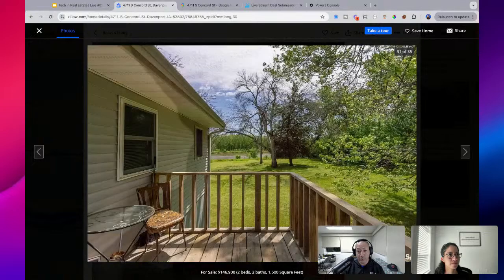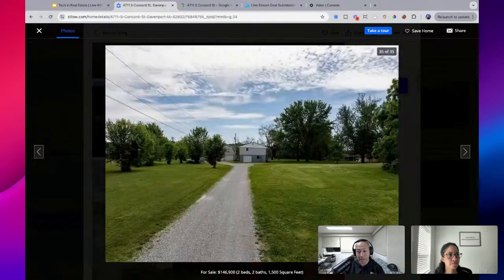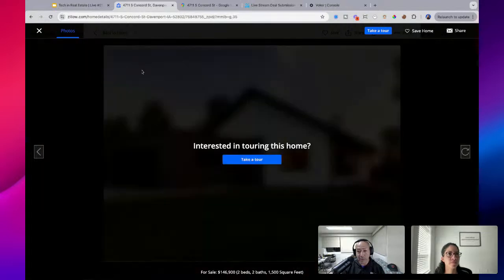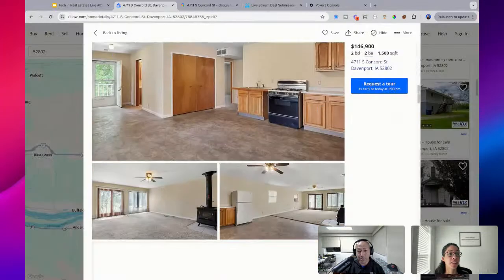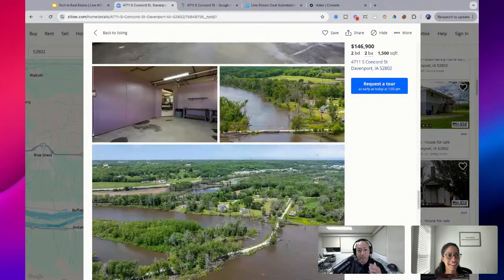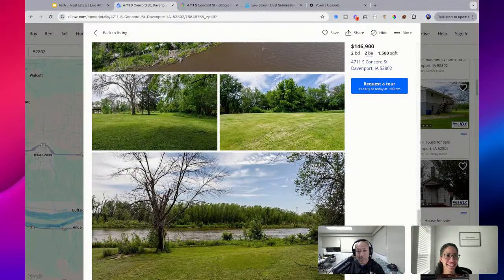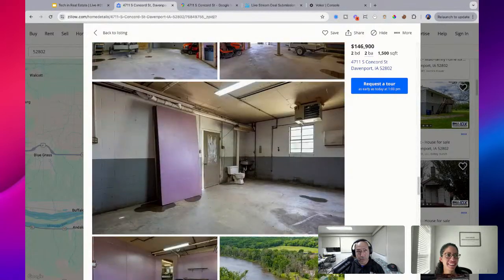And just from the photos, I'm going to be thinking about landscaping or yard service, and that seems like a lot of work to maintain. I definitely like the numbers.